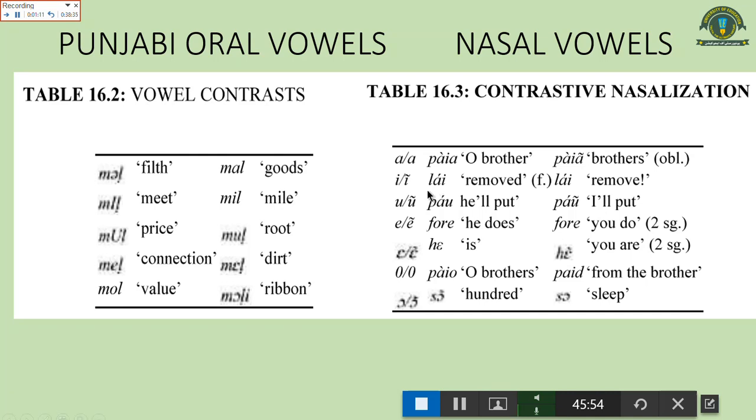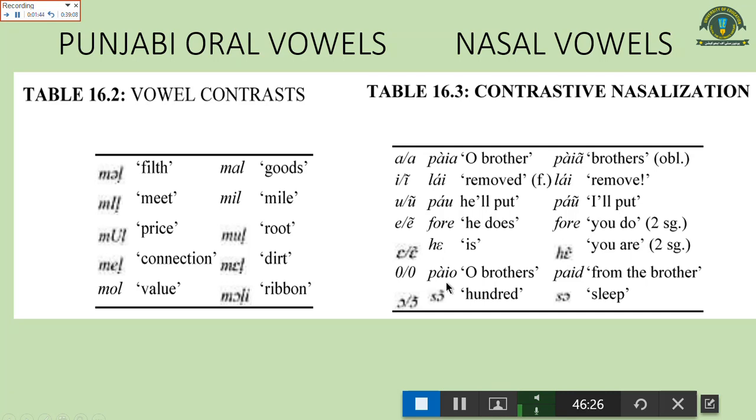Then there is this lai, for example, kursi lai, and there is this lai, you are ordering somebody, kursi lai, this will be an order sort of. Then these are their nasal variations. Like it is pau and it is paun, like I'll put, so these are different.